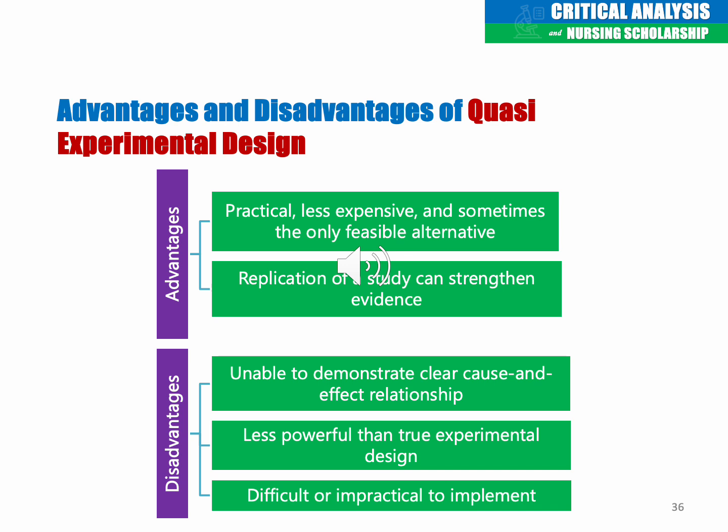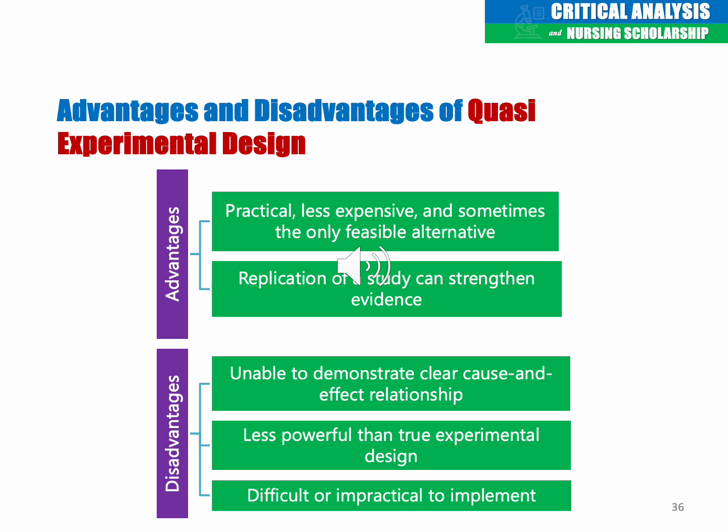Now, what are the advantages and disadvantages of quasi-experiment? First, this type of research design is practical, less expensive, and sometimes the only feasible alternative. And it can also provide a replication of the study to strengthen the evidence. However, there are a few disadvantages of using this research design.